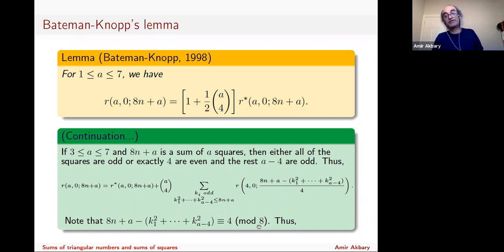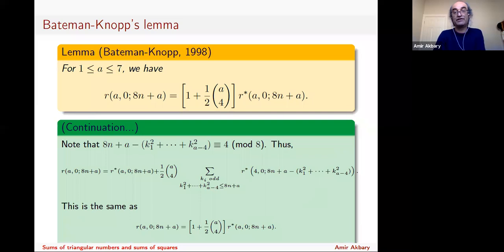You remember that at the beginning of the talk, we computed R4 of something odd, and we are going to use that relation here, which amounts to half of R star of 4 times that. So therefore, we get this relation: R_a of 8n plus a is going to be R star of that plus half A4, and we have this sum over these R stars.